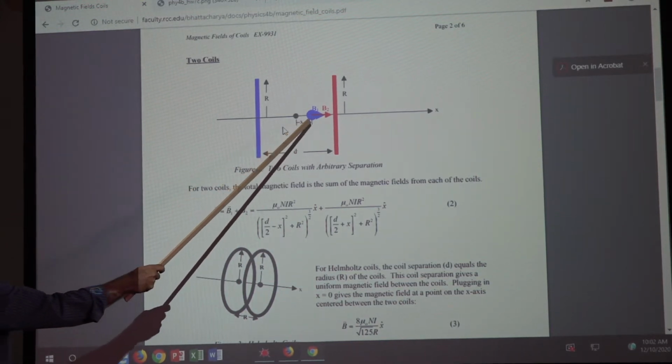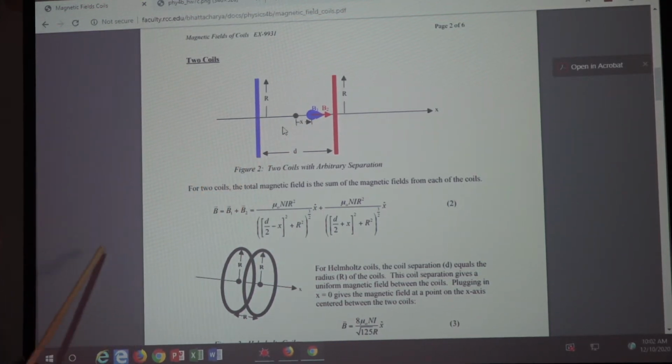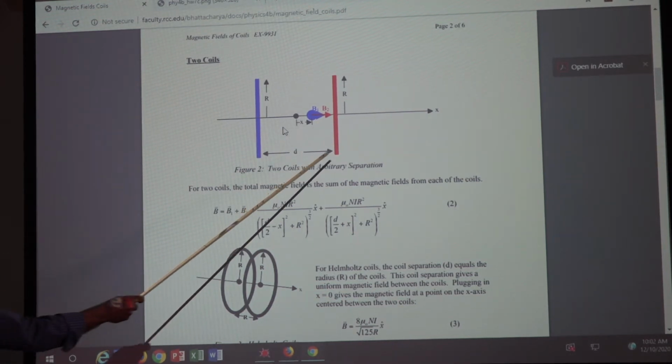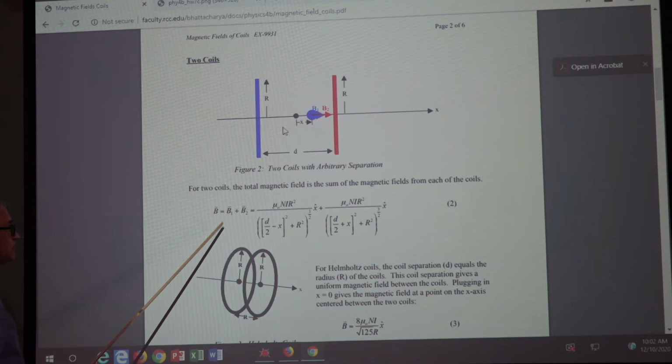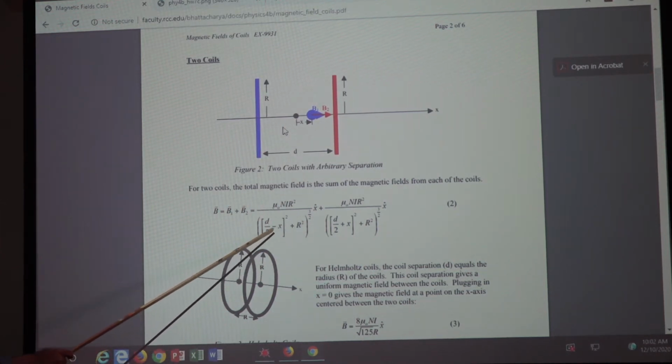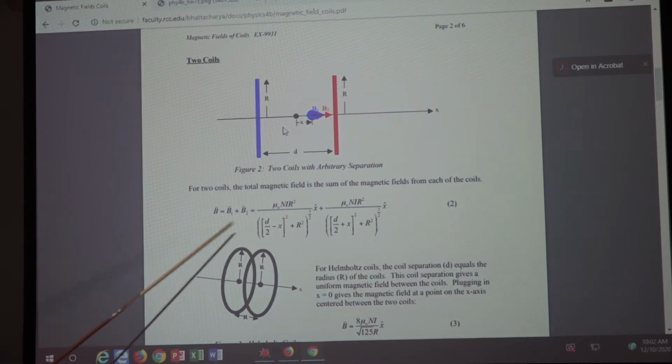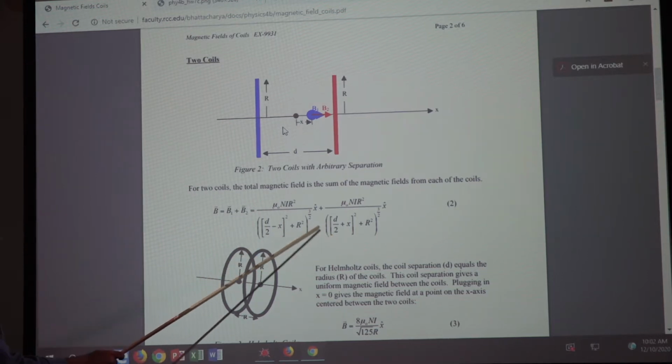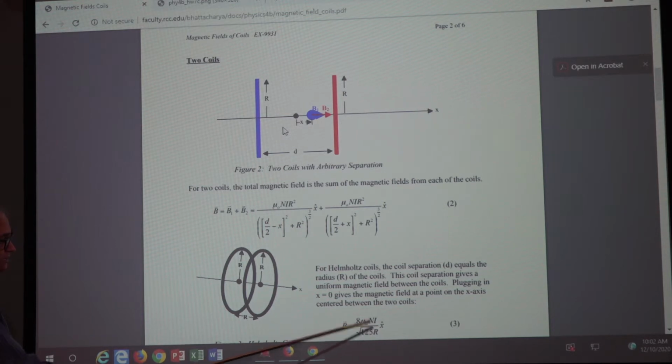The magnetic field due to the first coil, B1, is given in blue, and the magnetic field due to the second one is given in red. You are going to add B1 plus B2 based on the individual distances from those 2 coils. When you add them up, I want to make sure that this is the value you get.